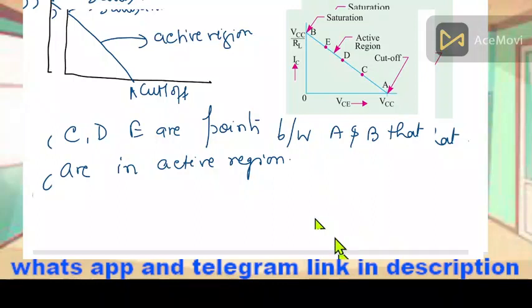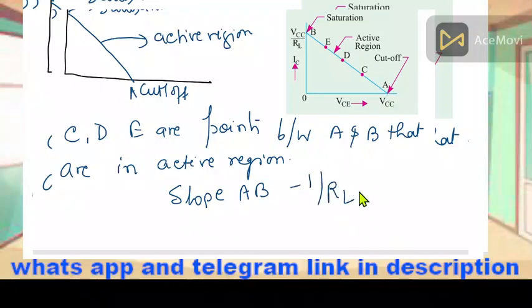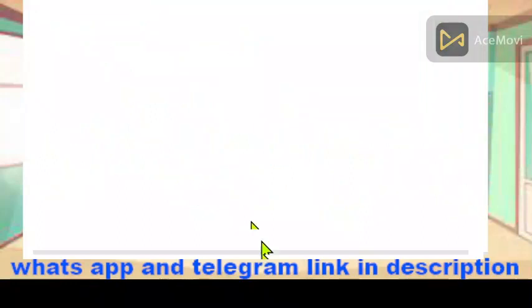Now the slope of this line AB is minus 1 by RL. So it depends on the load resistance, that is why it is called a load line.